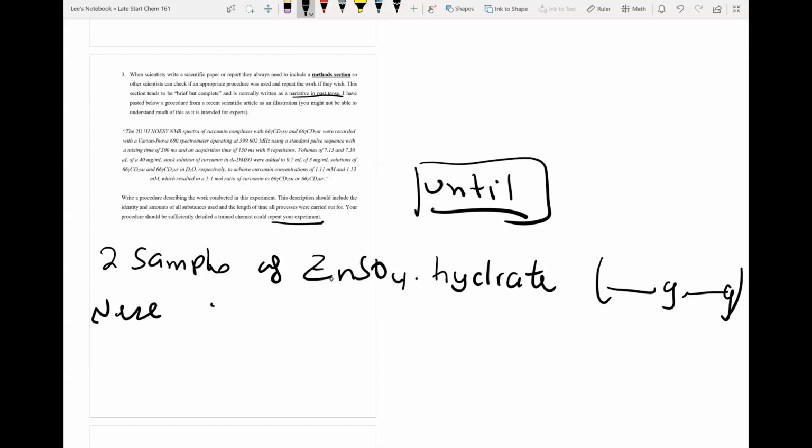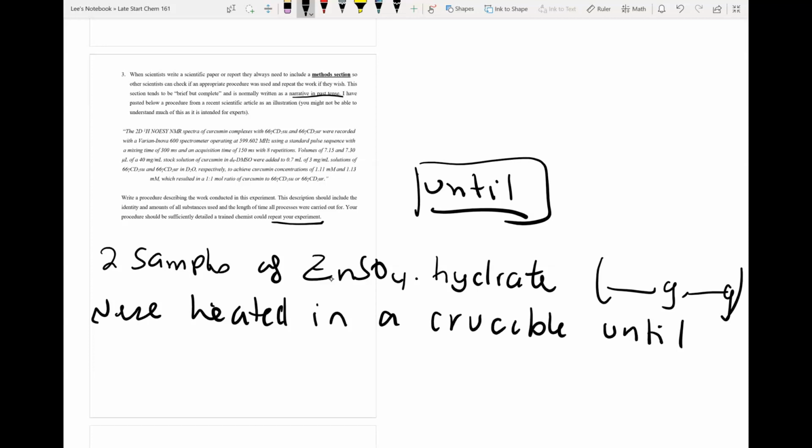Were heated in a crucible until dry, then reweighed.